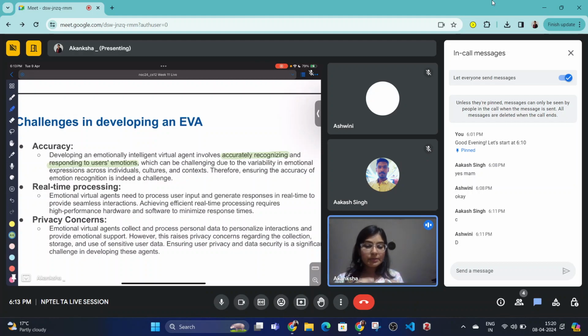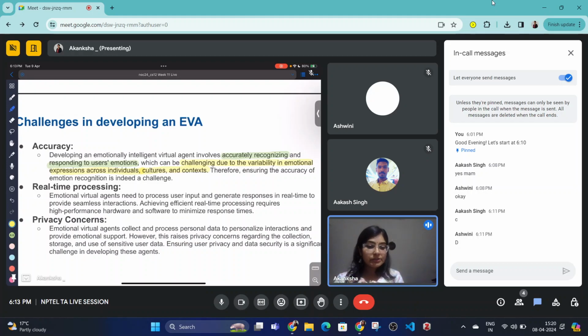We need to find some middle ground. We need to find some common attributes which are common in most of the cases. That's one thing. It can be challenging due to variability in emotional expressions across individuals, cultures and contexts. This depends not just on the individuals, but also culturally it can be very variable.